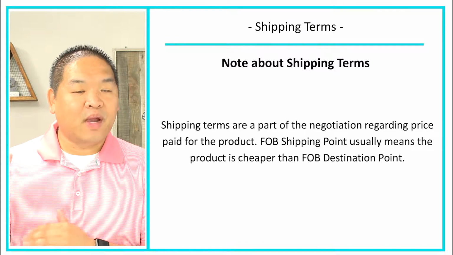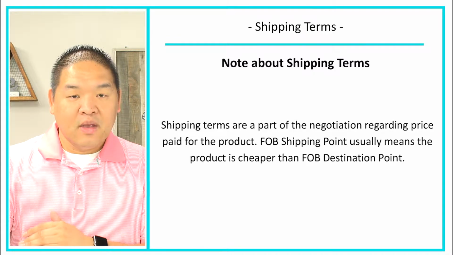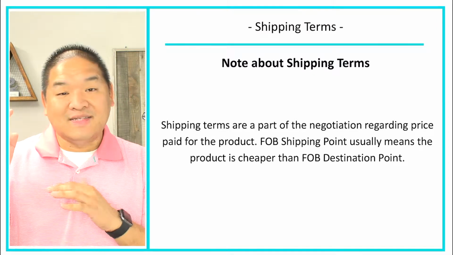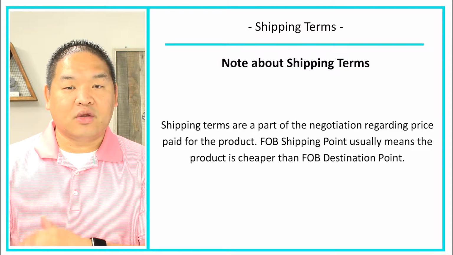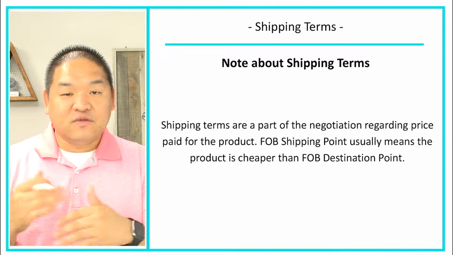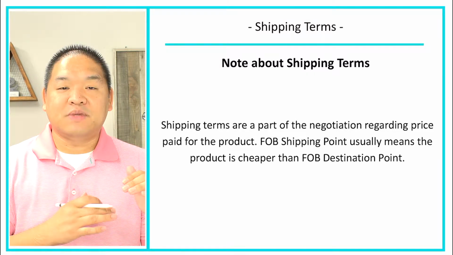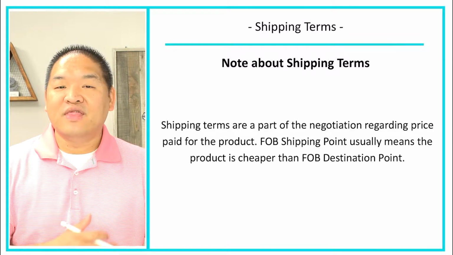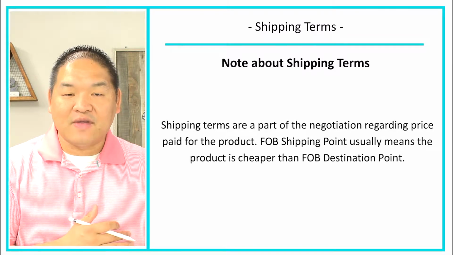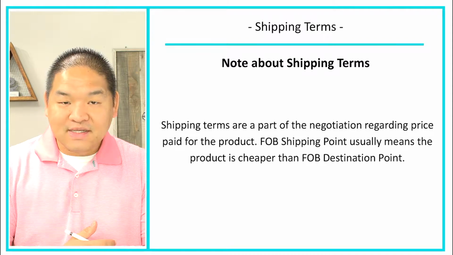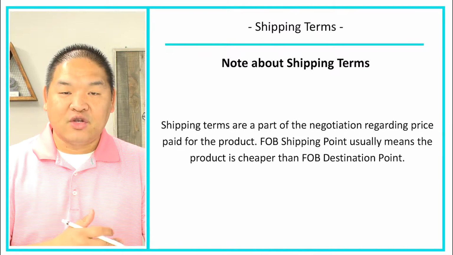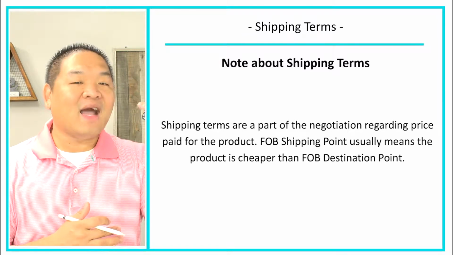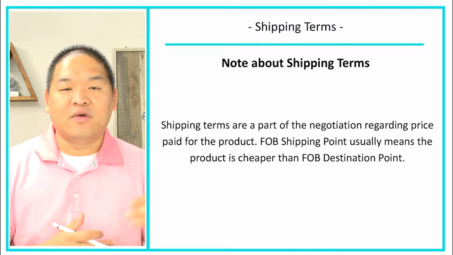So the purchaser doesn't want to pay a high price for it, because if that product gets damaged, the purchaser or the customer is going to have to replace it on their own dollar. Vice versa does happen if it's shipped FOB destination point. The shipper or the vendor is going to have more risk in this sale, and therefore typically the vendor will price their products higher than if they sold it at FOB shipping point.